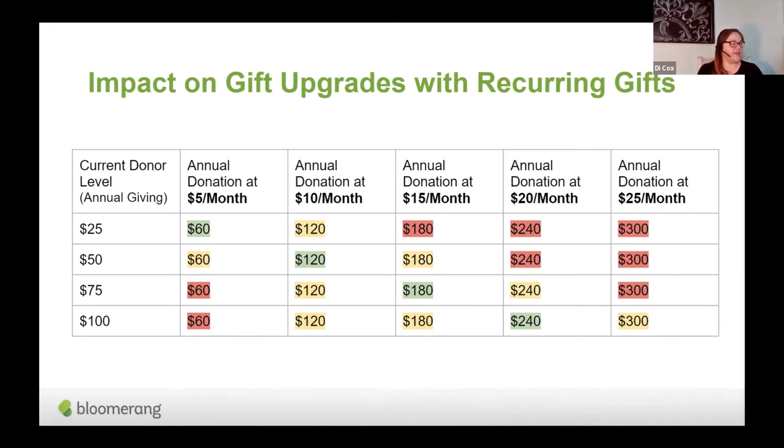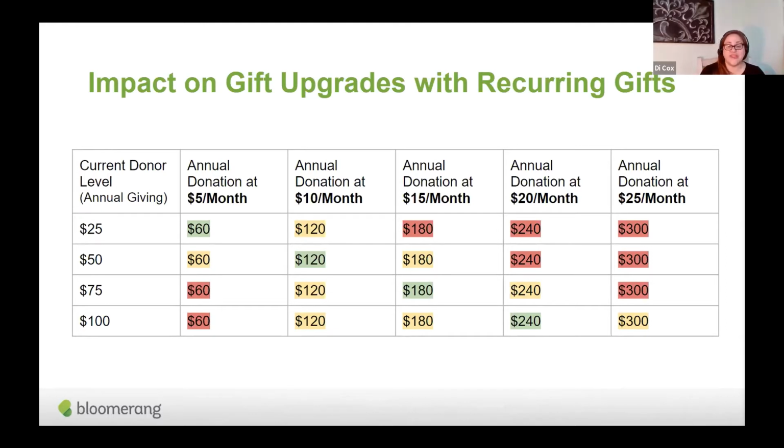So if we take people here who annually are giving you $100, whether it's a single gift of $100 or a total giving of $100, a $5 monthly donation would be a downgrade. That would be $60 a year. But a $10 a month donation would be an upgrade.